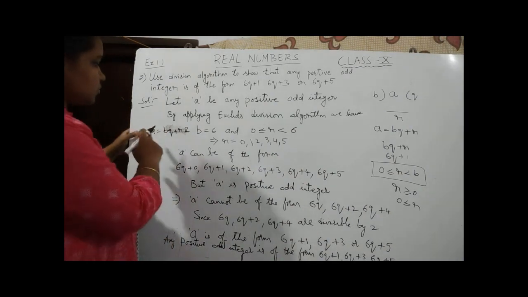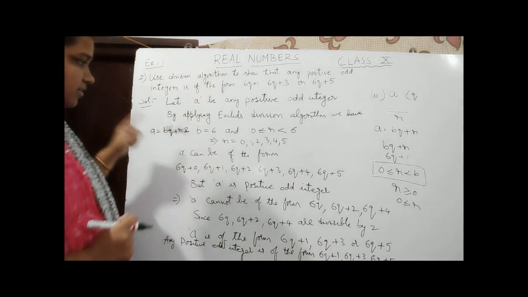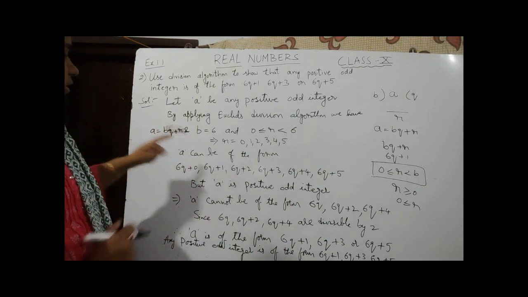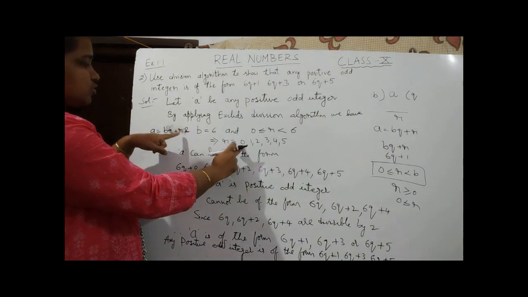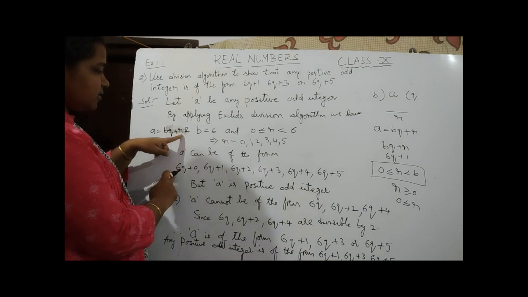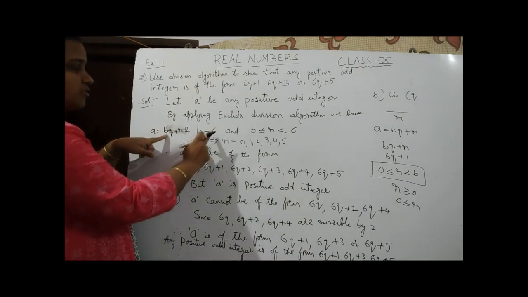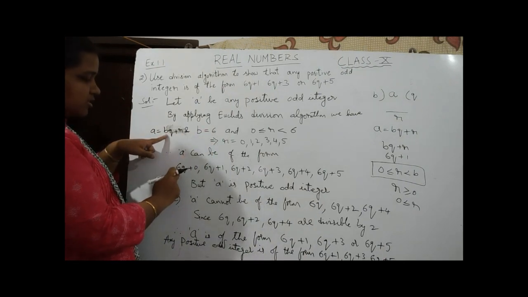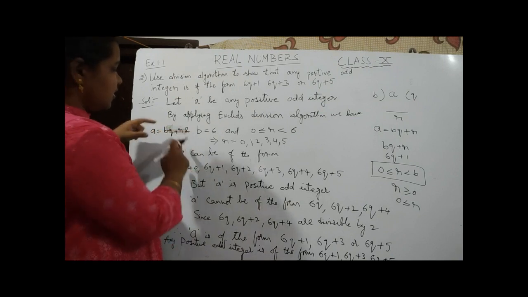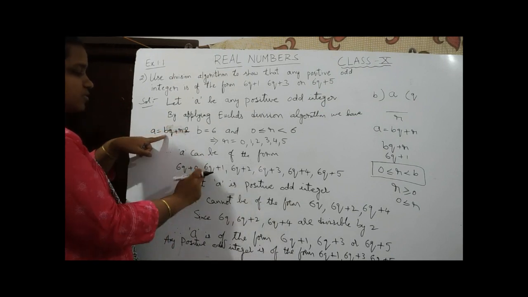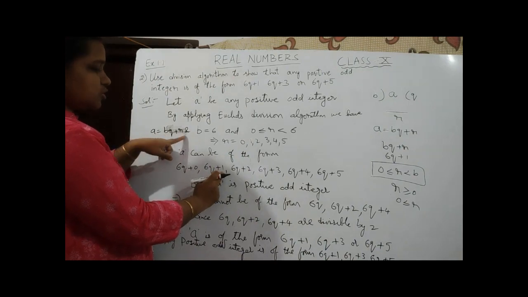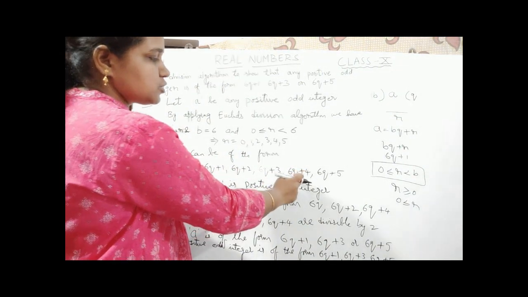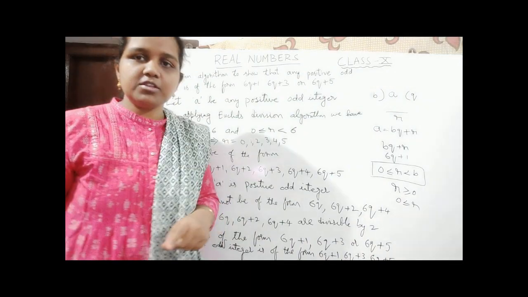Now in place of r you have to substitute these values. First you substitute r is equal to 0. So you will get A is equal to, in place of b you substitute 6, 6q plus 0. In place of r, 1, so you will get 6q plus 1. Then 6q plus 2, 6q plus 3, 6q plus 4, 6q plus 5 and so on.